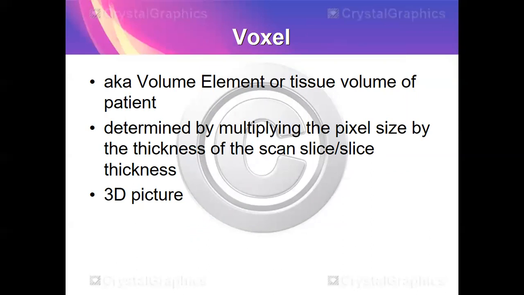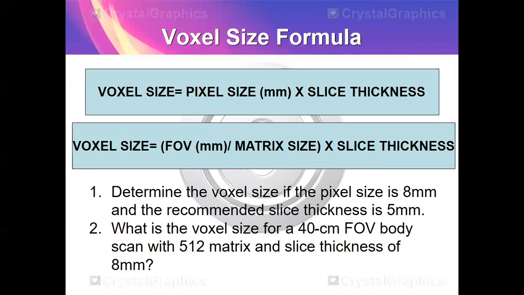Again, it is a three-dimensional representation of the picture or image. So ayan yung formula, pixel size times slice thickness. Always remember, when we calculate for pixel size and FOV, dapat naka-millimeter ang units.